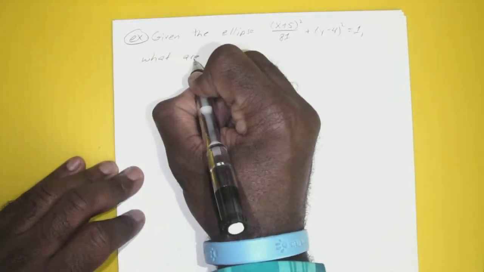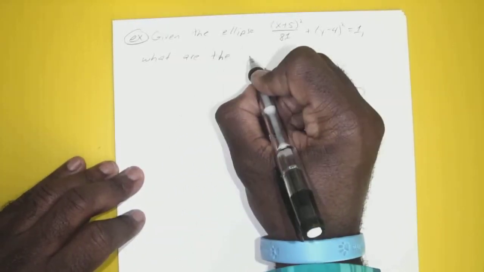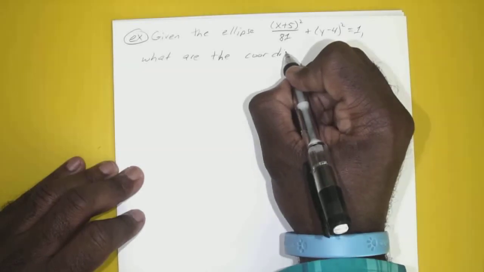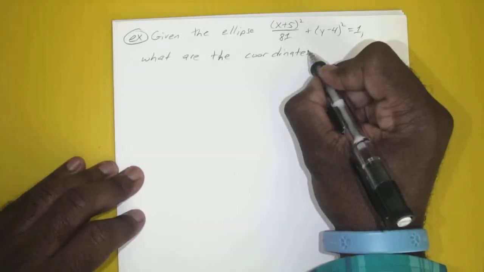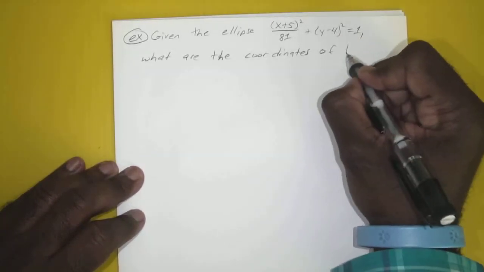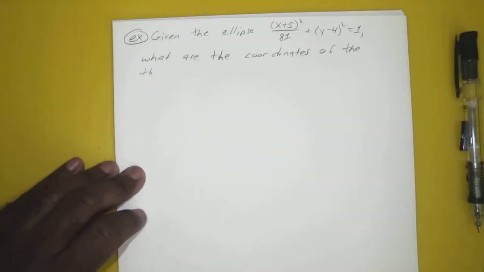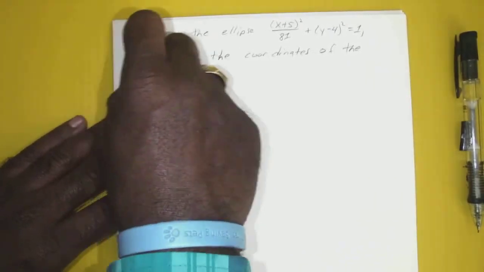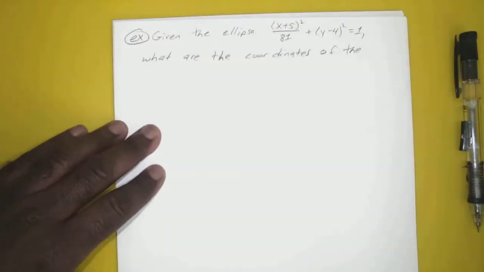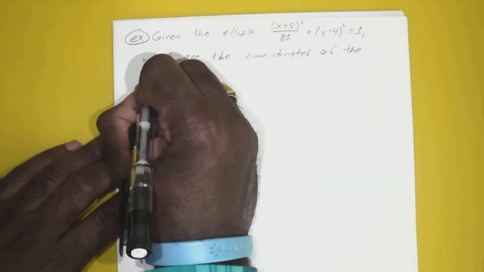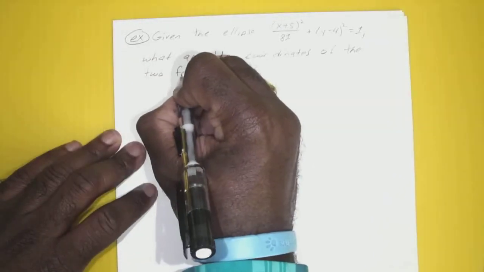What are the coordinates of the two focus points, or the foci?